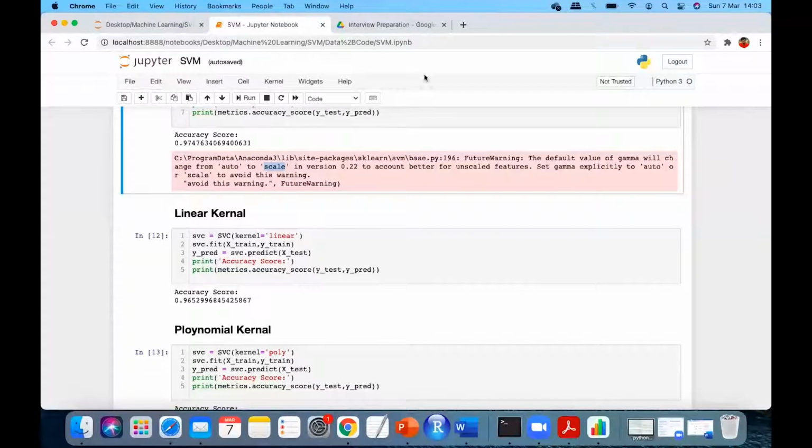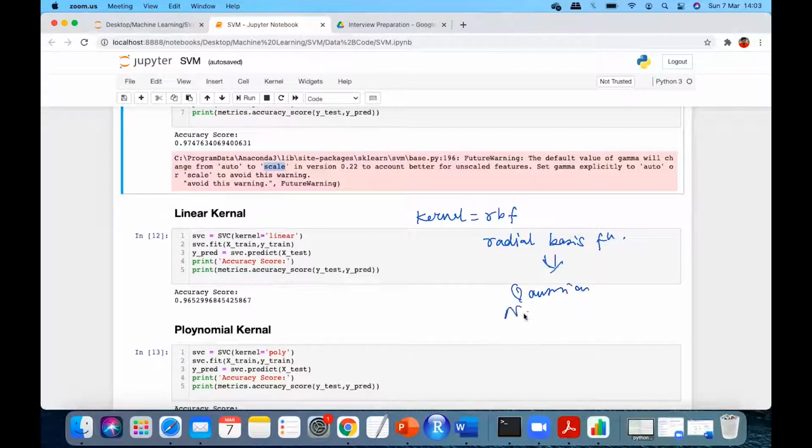If you go to the documentation, the default parameter used for kernel is RBF. The full form is radial basis function, used for Gaussian distribution or normal distribution, right? So RBF is there, linear is there, polynomial is there, we call it poly. After that, we have sigmoid also.